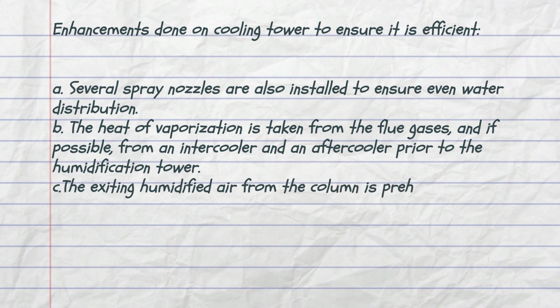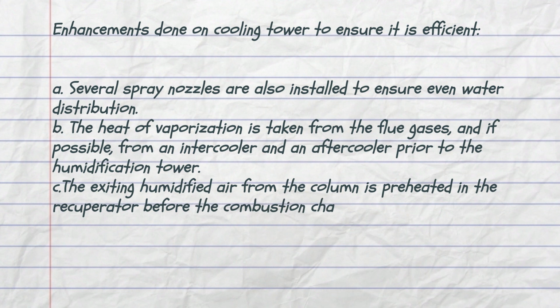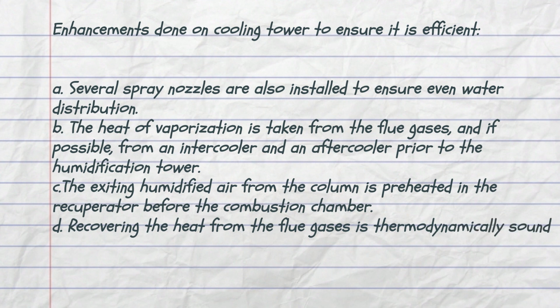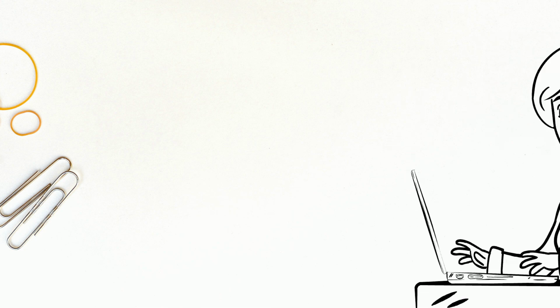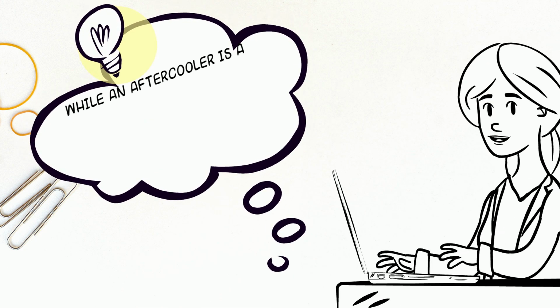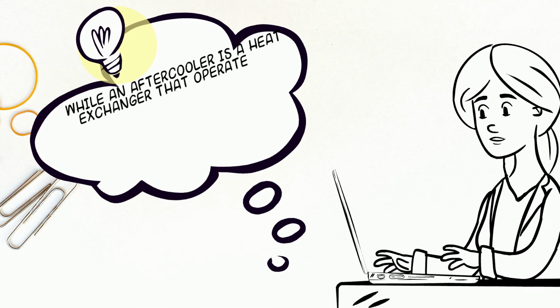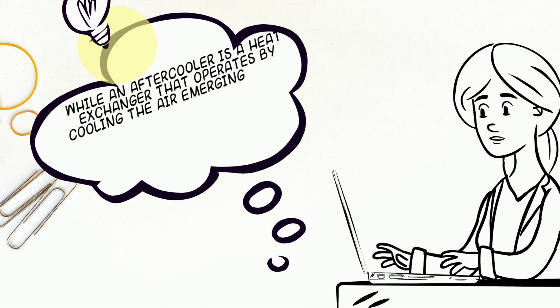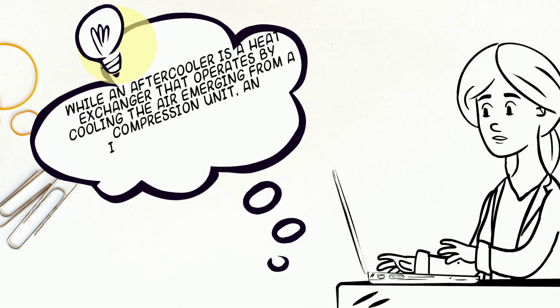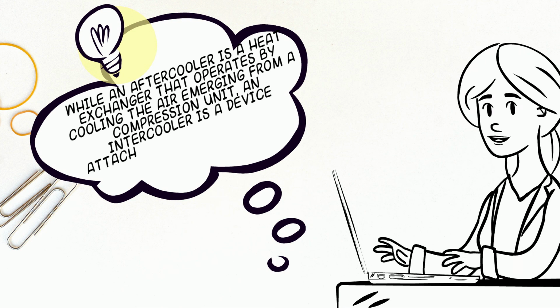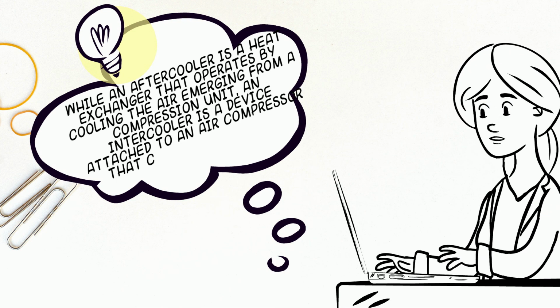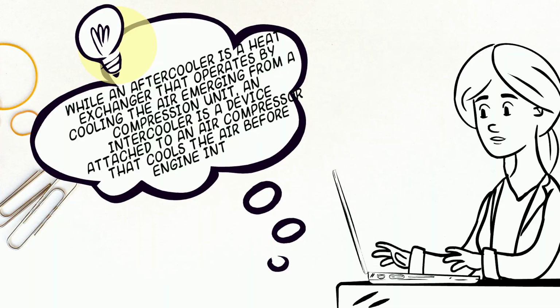The exiting humidified air from the column is preheated in the recuperator before the combustion chamber. And lastly, recovering the heat from the flue gases is thermodynamically sounder than producing steam in a bottoming cycle. While an aftercooler is a heat exchanger that operates by cooling the air emerging from a compression unit, an intercooler is a device attached to an air compressor that cools the air before engine intake.